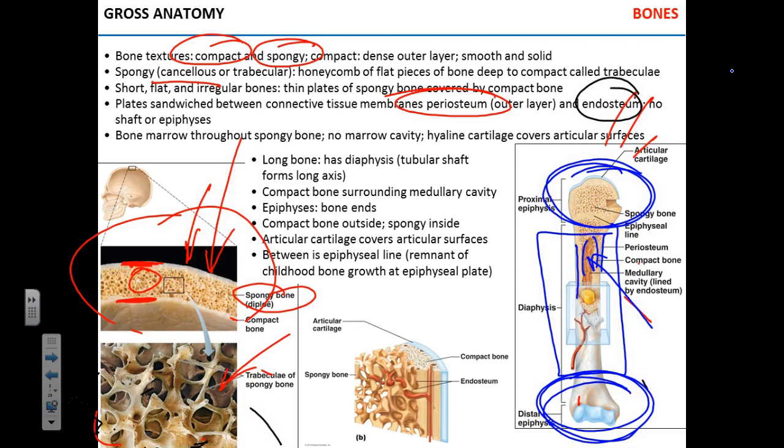This is hyaline cartilage. It covers the ends, improving the gliding and reducing the friction.